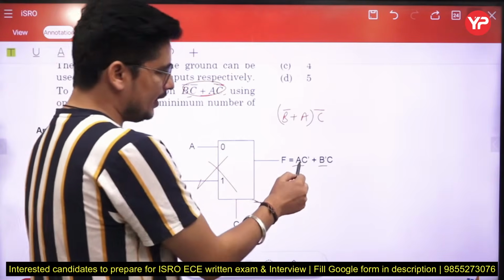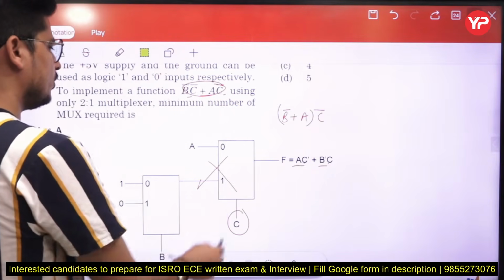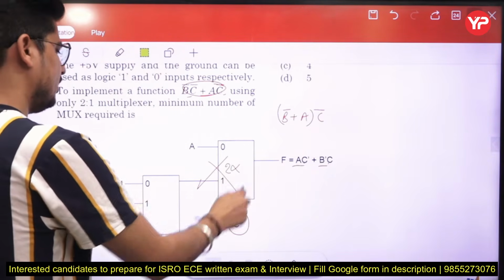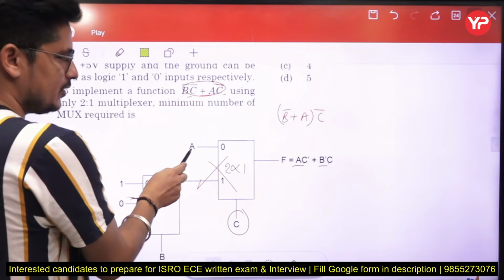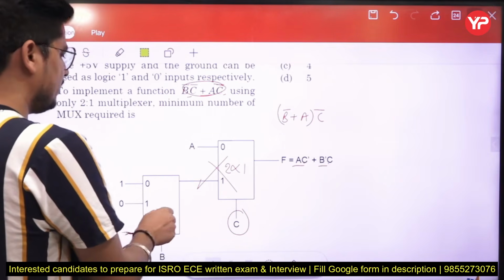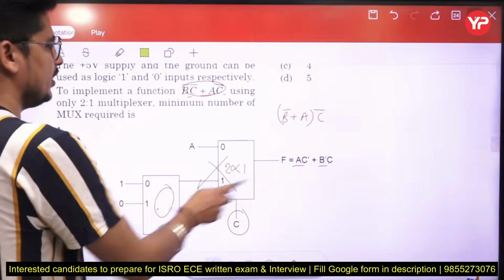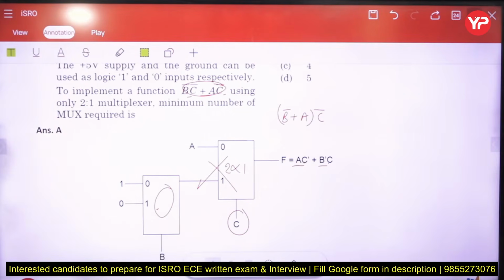If you are implementing A C bar plus B C, then what we can do is take a 2 cross 1 mux here, and we can give the C input, and it will take A here, that is going to be A C bar. Then we generate the B bar by providing the B, as this mux is working as a NOT gate. Then it is going to be A C dash plus B dash C, right?